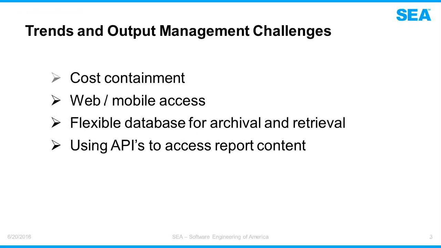So let's dive into the discussion here. We have, of course, a number of things changing as time goes by here in the IT market, and so many complex and challenging aspects. With regards to output management, well, most importantly, as always, it's cost containment.